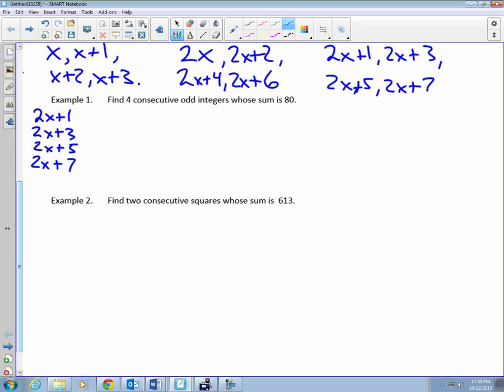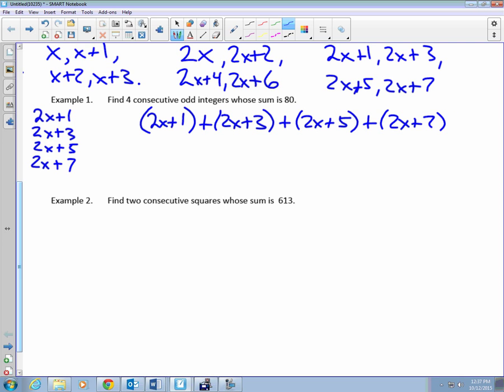So I want to take all these 4, add them up, and I get 80. 2x plus 1 plus 2x plus 3 plus 2x plus 5 plus 2x plus 7 equals 80. So that's the equation I'll be looking for to make sure you understand that you can write it that way.